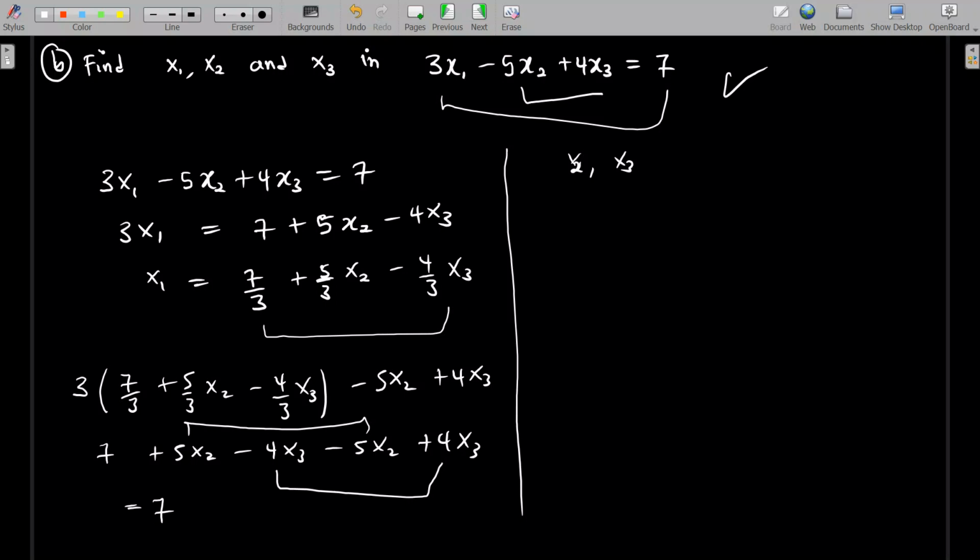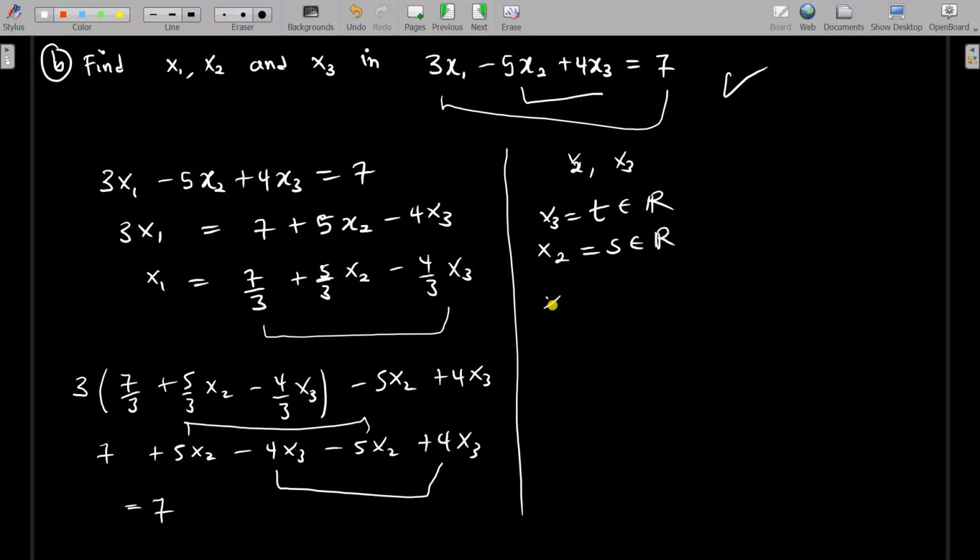So the appropriate solution to this is that x3 should be equal to some t, which belongs to maybe the real numbers, and maybe x2 should be equal to another variable. Maybe you can choose s, which also belongs to the real numbers.